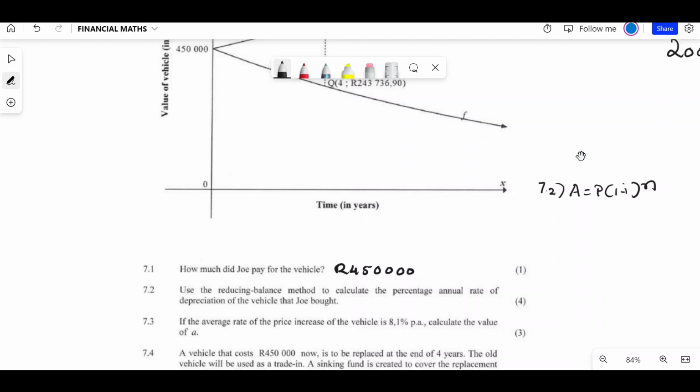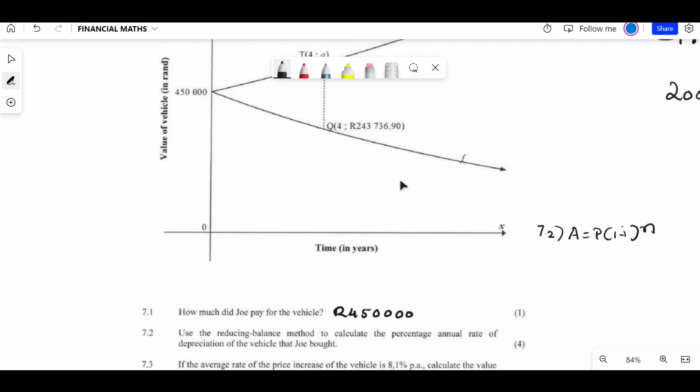So let us use the values in the F graph, because the F graph shows the depreciated value. After 4 years, the depreciated price is 243,736.90. So the future value, the depreciated value, is 243,736.90. At present, you have 450,000 as the price of the vehicle.